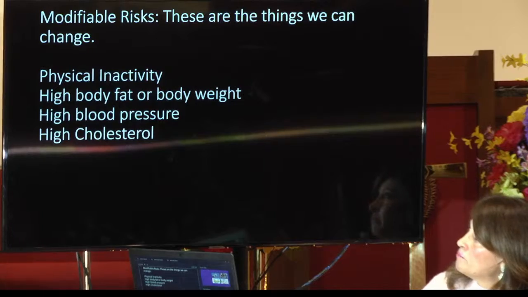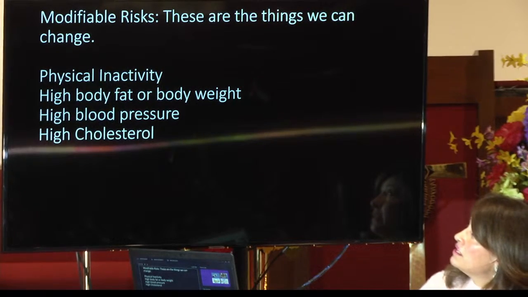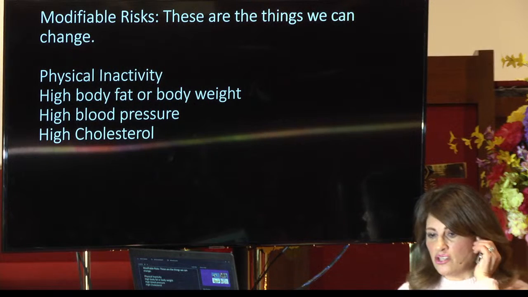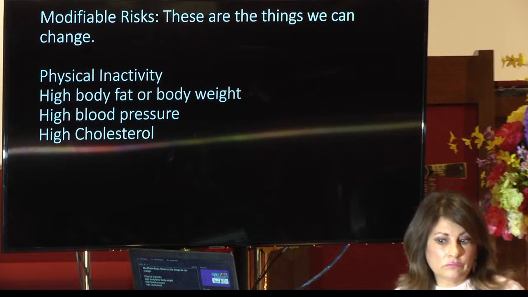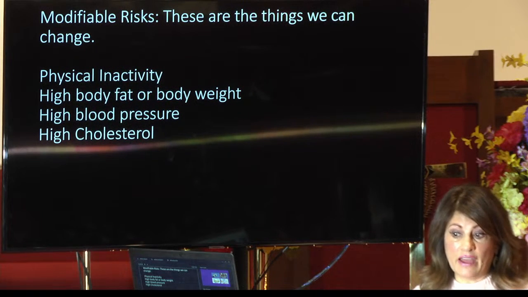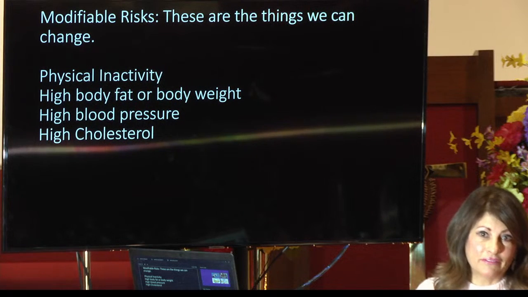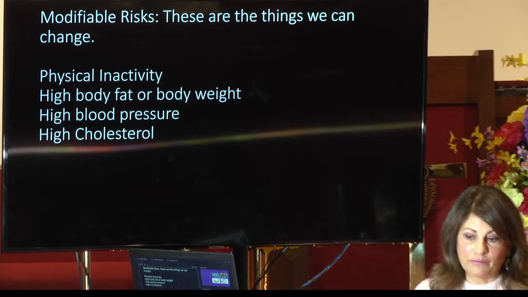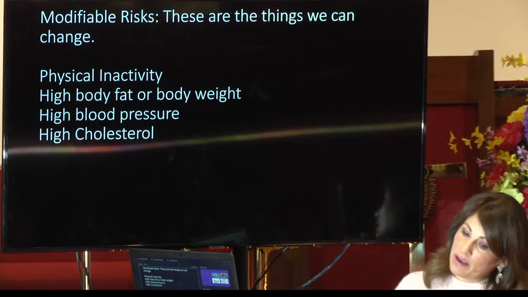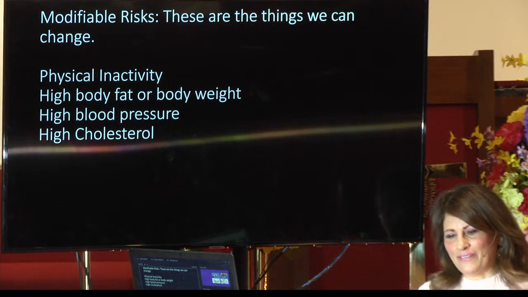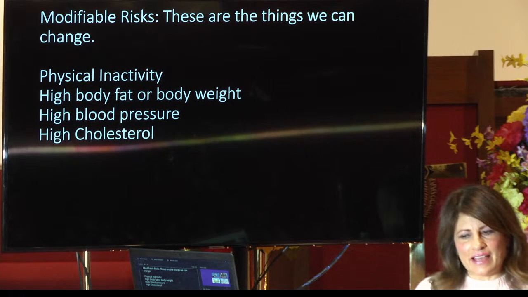We call these modifiable risks. These are the things we can change. We can change our activity level. We can change our body fat or body weight, right? I'm trying to eat salads, and I love to eat, and I love junk. I have to admit, I do, but I'm working on it. The last 3 days, I had salads every day, lots of salads.